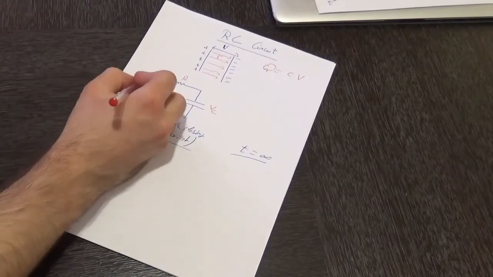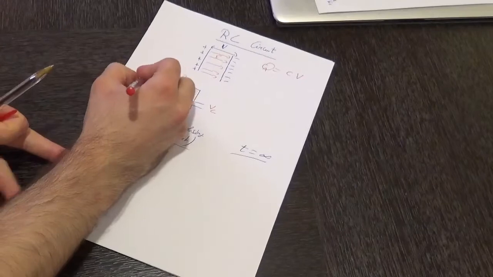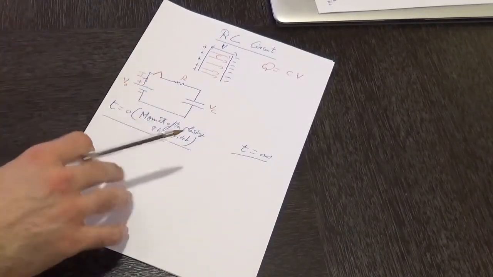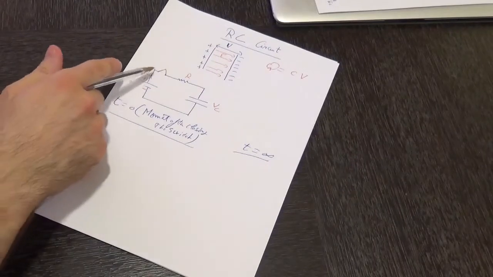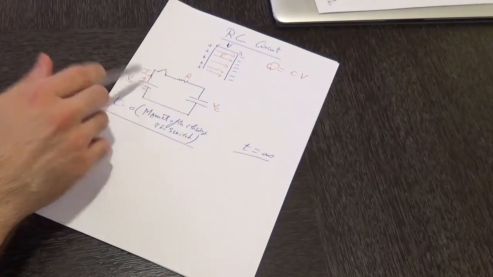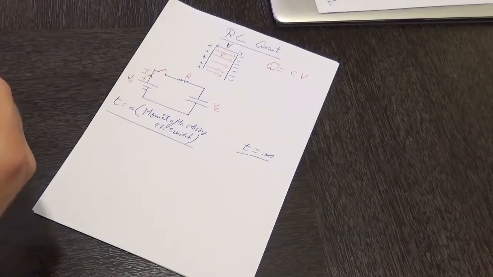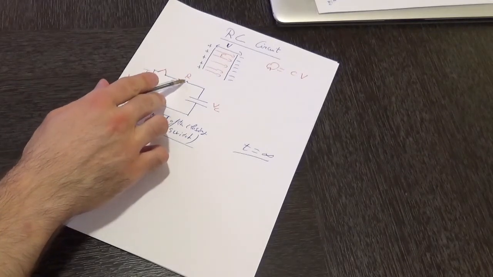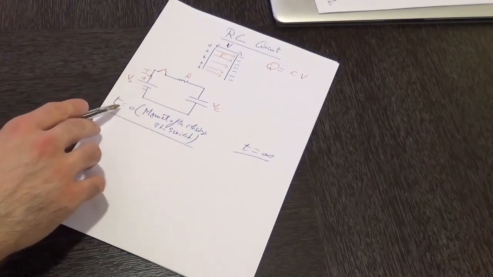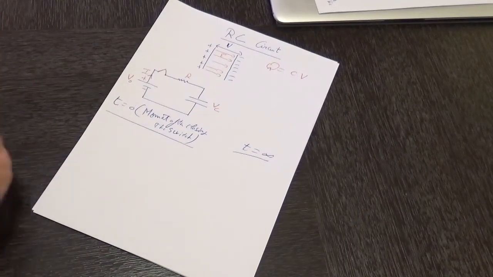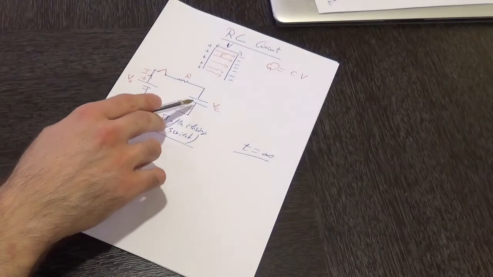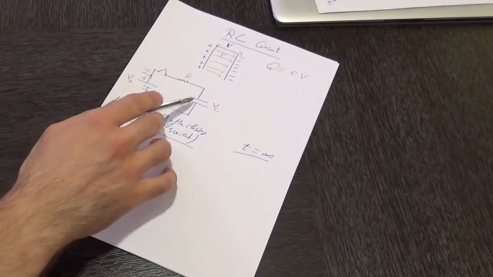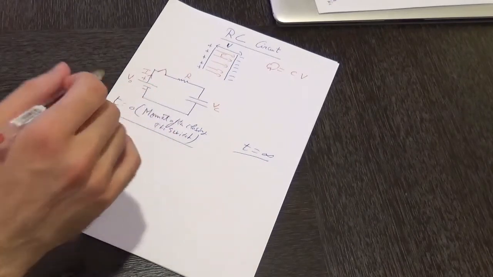Right after closing the switch, we have the maximum possible amount of current I flowing through that circuit, generated by the battery. In that case, the voltage across the resistor is equal to the voltage of the battery at t equal to 0, meaning that right after closing the switch, the capacitor has not yet started storing charges on its plates, so the voltage across it is still 0.